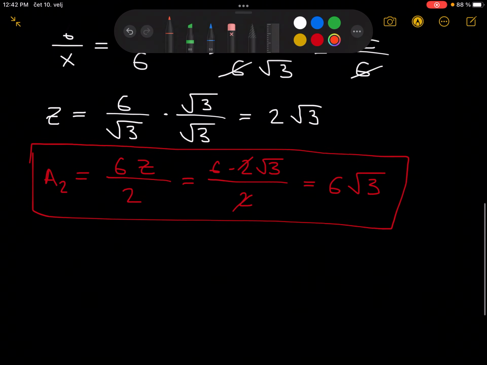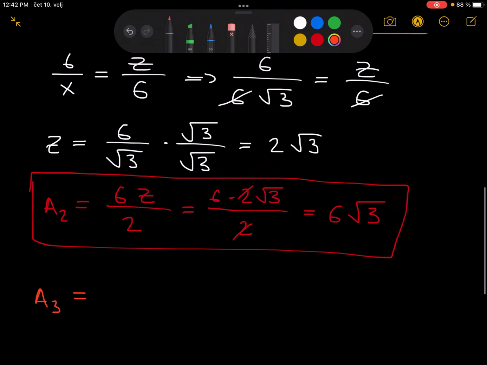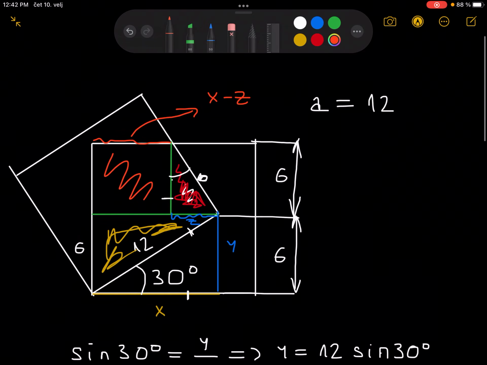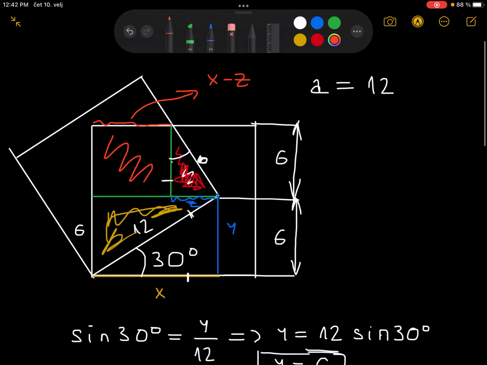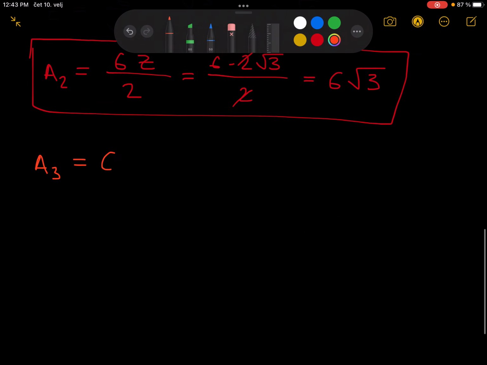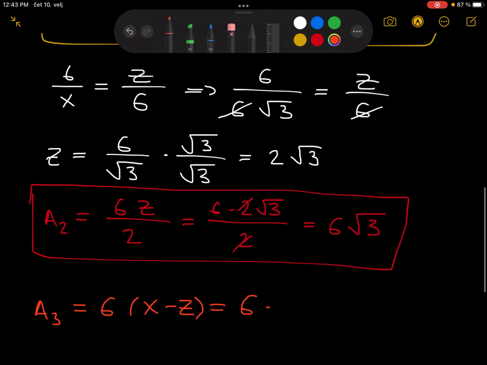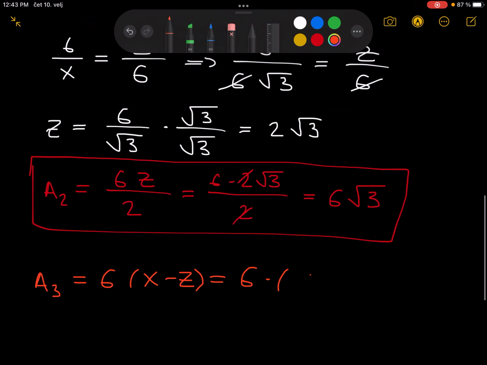Okay, so the third area, area 3, is equal to 6 times x minus z, which is equal to 6 times 6 square root of 3 minus 2 square root of 3.